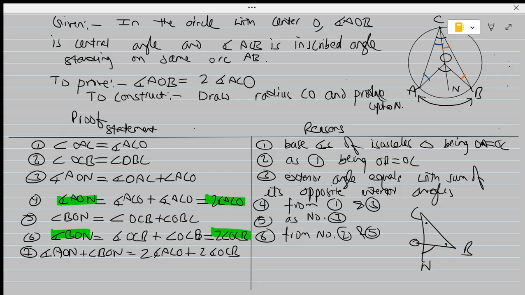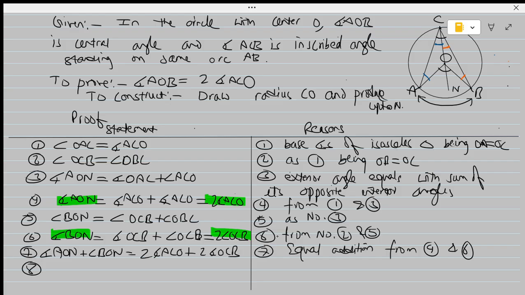So in number 7 we give the reason: equal addition from 4 and 6.